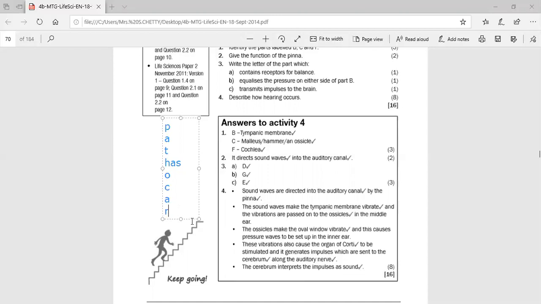So I just added that to your mnemonic. And if that's perfectly fine with you, we're wrapping up this particular part of the video, looking at your balance and recapping about hearing and finding the answer to this activity.